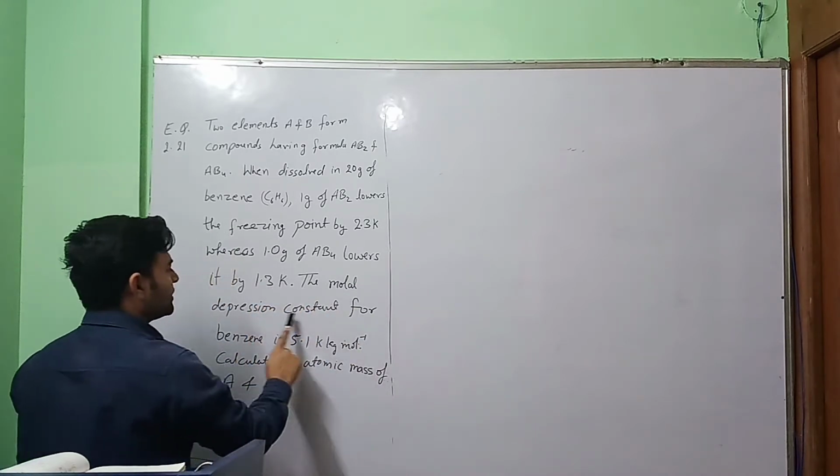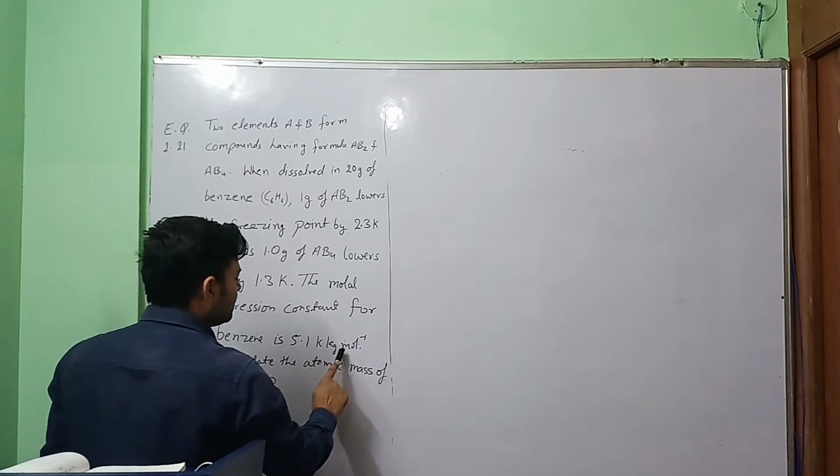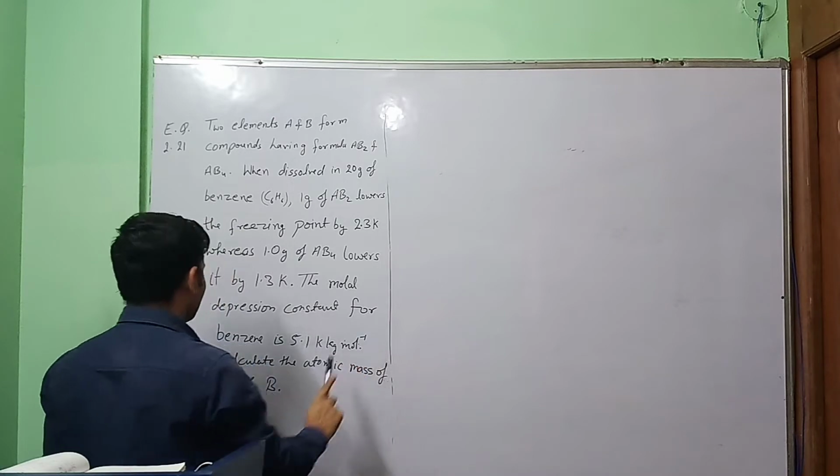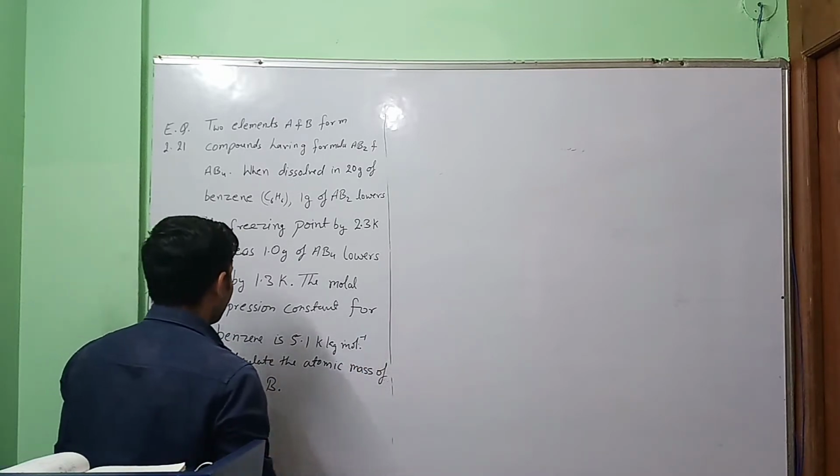The molar depression constant for benzene is 5.1 Kelvin kilogram per mole. Calculate the atomic mass of A and B.